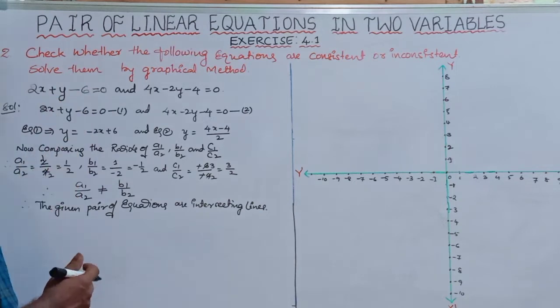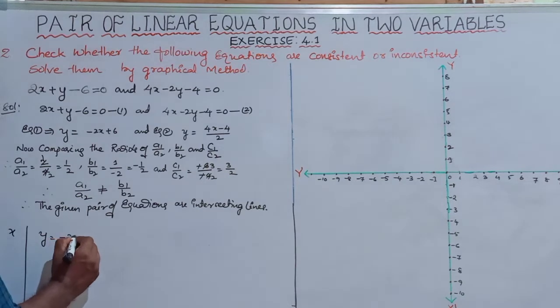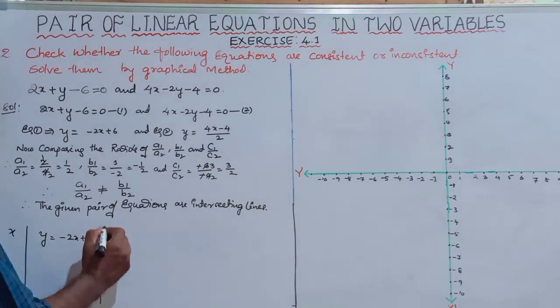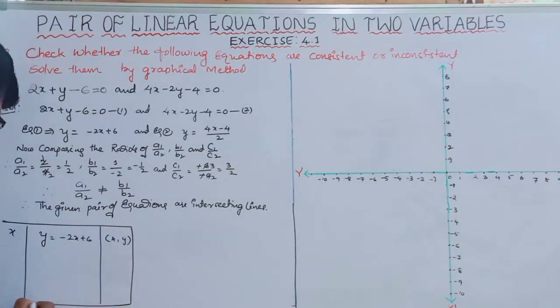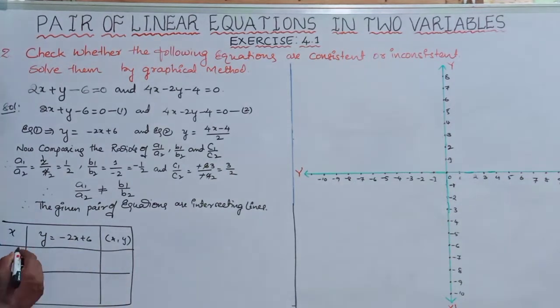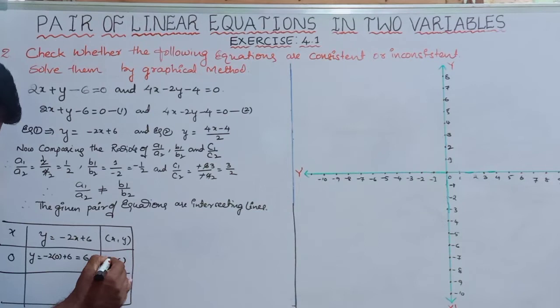So these two equations, solving by graphical method, y is equals to minus 2x plus 6, x comma y. If x is equals to 0, then y is equals to minus 2 into 0 plus 6 is equals to 6. 0 comma 6.